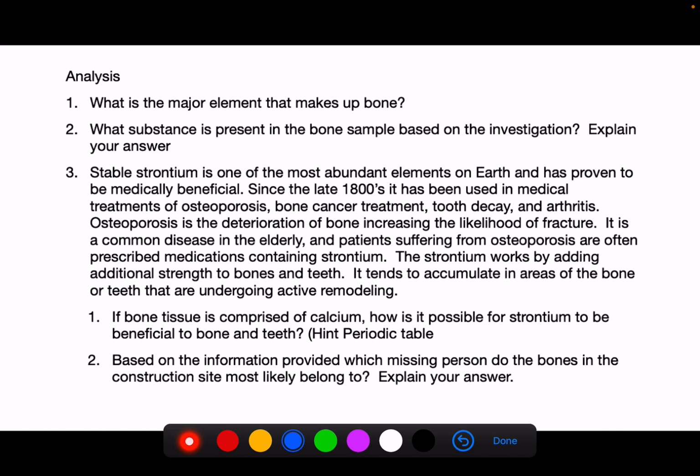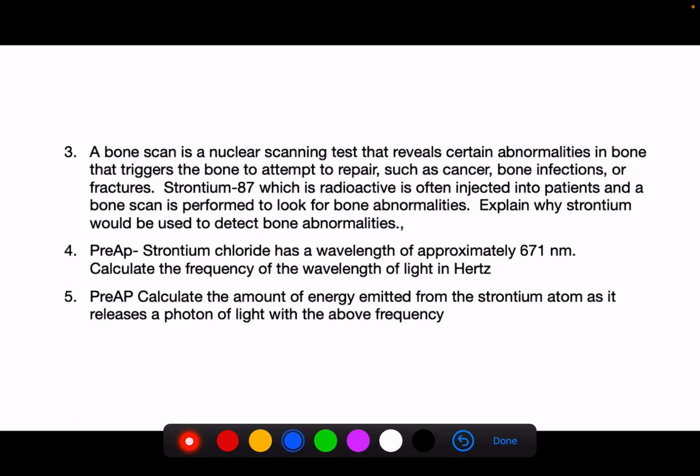And it gives you some background information about strontium, and so you're supposed to try to figure out which bones it is.